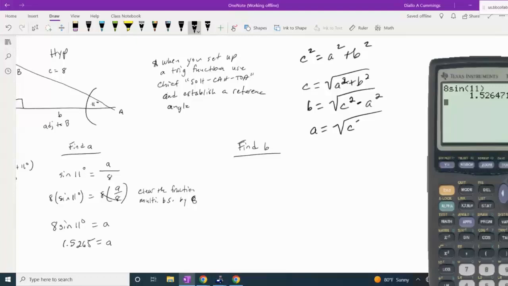A is equal to the square root of C squared minus B squared. So same form as we were using X, Y, and R, but now we're reverting back to C, A, and B. So I can use this formula to find B.